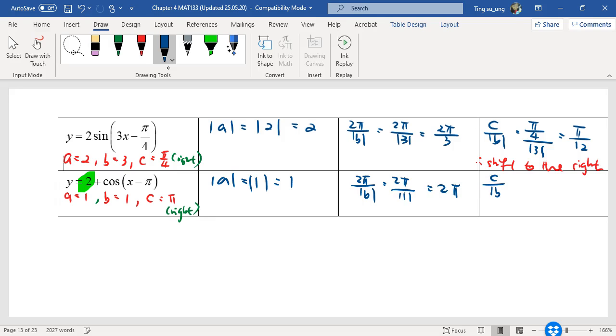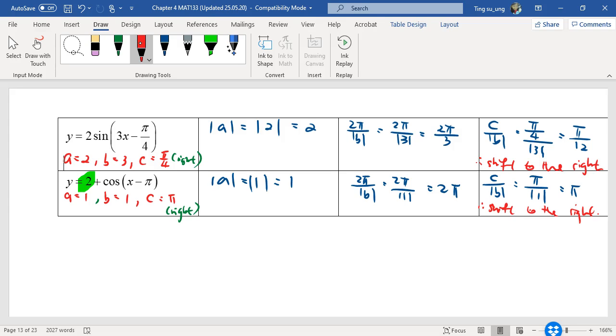Then C over absolute B, your C is pi, your B is 1, that's why you have pi. And don't forget to have your conclusion, shift to the right. So that's it for identifying your amplitude, period, and phase shift.